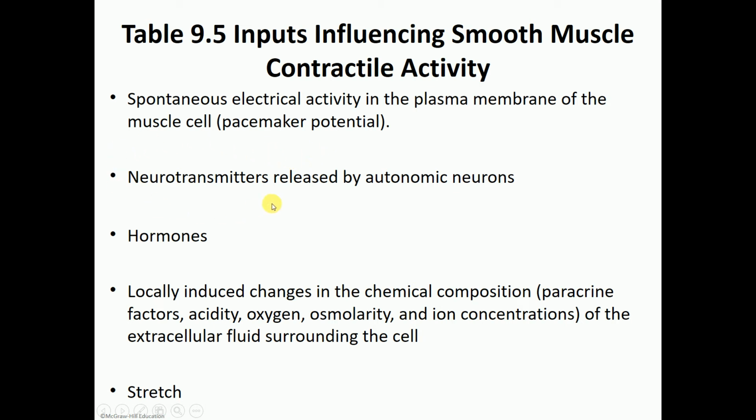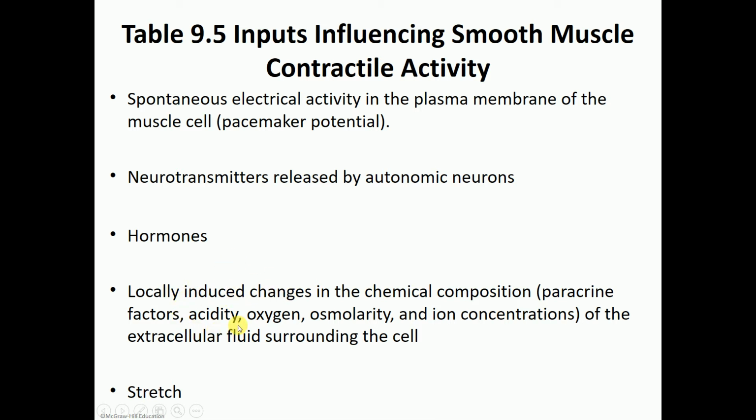Smooth muscles can contract in response to neurotransmitters, especially coming from the autonomic nervous system, whether sympathetic or parasympathetic. They can contract in response to hormones. They can also contract in response to local changes in their environment.